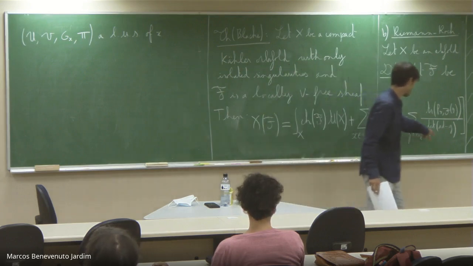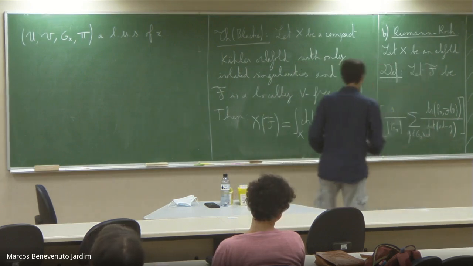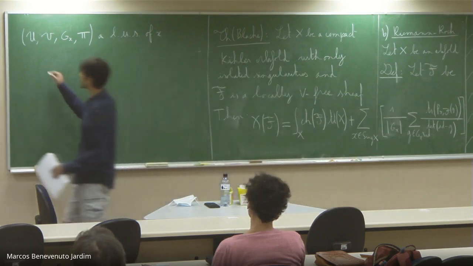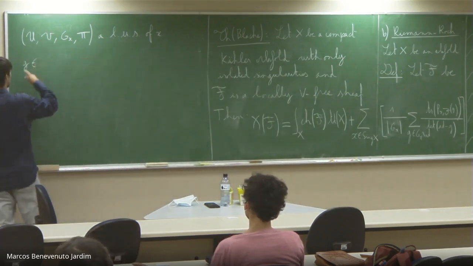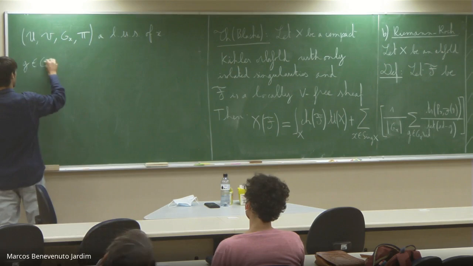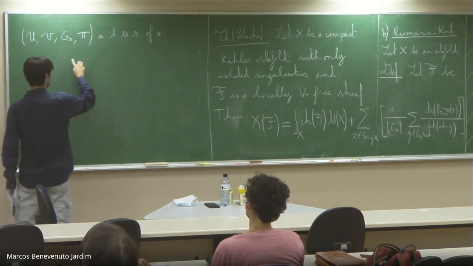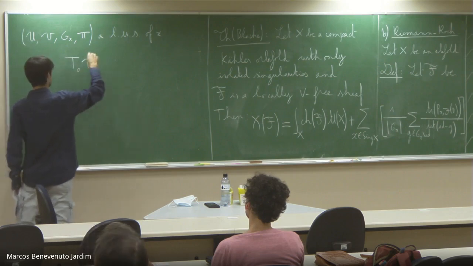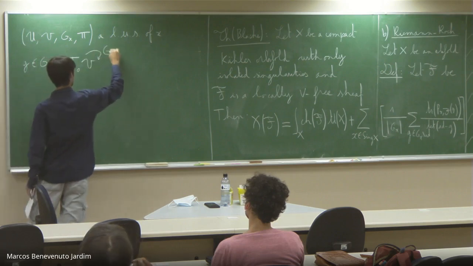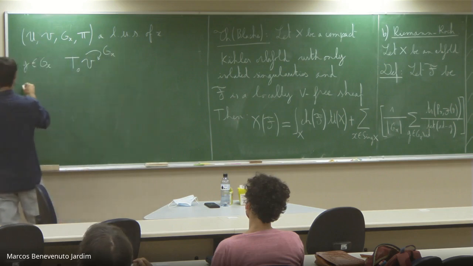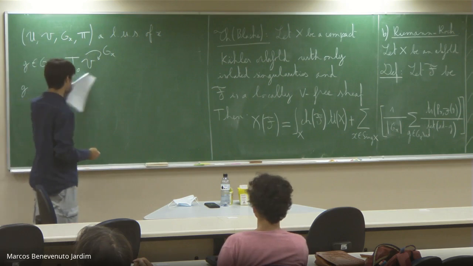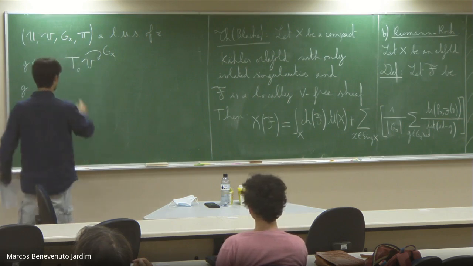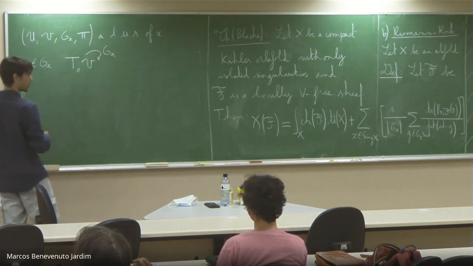Then basically, if I take g of Gx, this acts on the tangent space at 0 of V. So here I have an action of Gx, so I can see g as a matrix on the tangent space of V at 0.